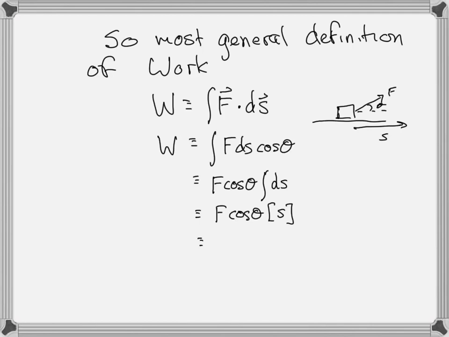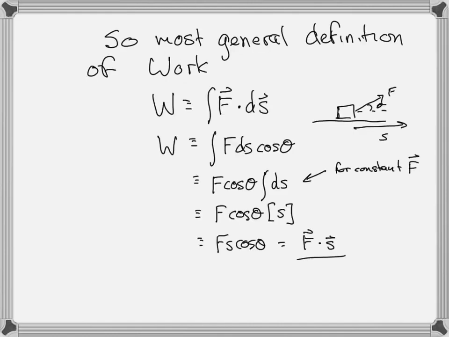But we write that as s because we usually think s initial is 0. And so it's just f s cosine theta, or it can be written as f dot s. Okay, so that's for a constant force in a constant direction. So the integral is the most general definition, because if it's constant, we get back just f dot s.